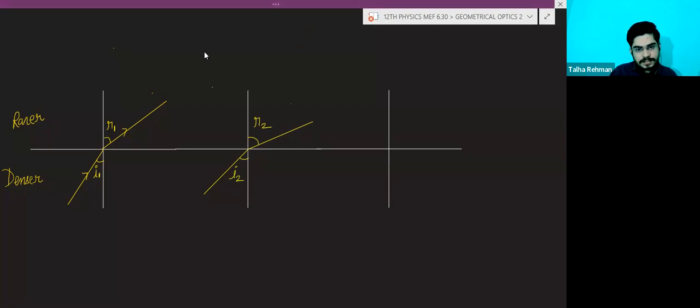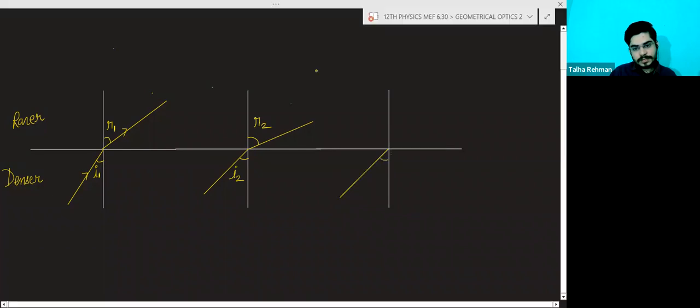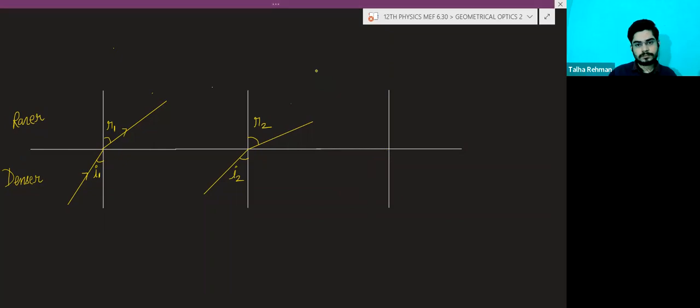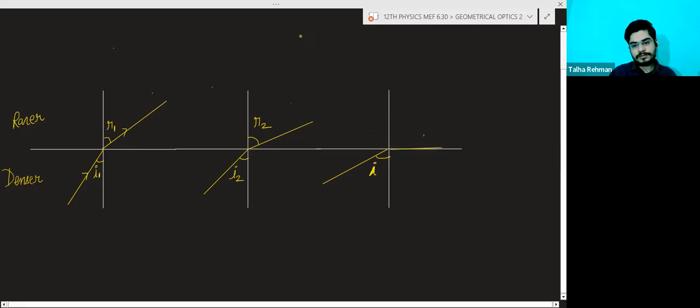Now I have increased the angle of incidence to such an angle that this is the angle of incidence this time, such that the light ray will go along the surface.